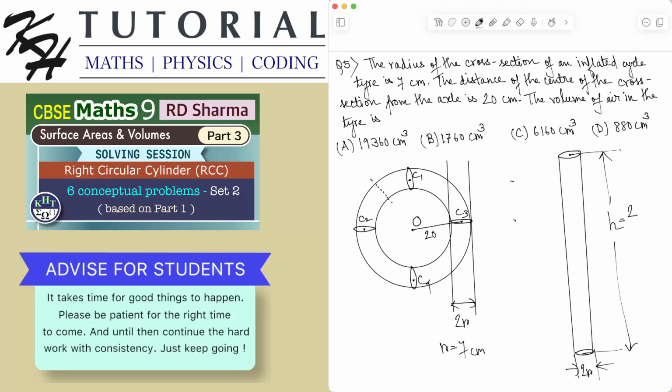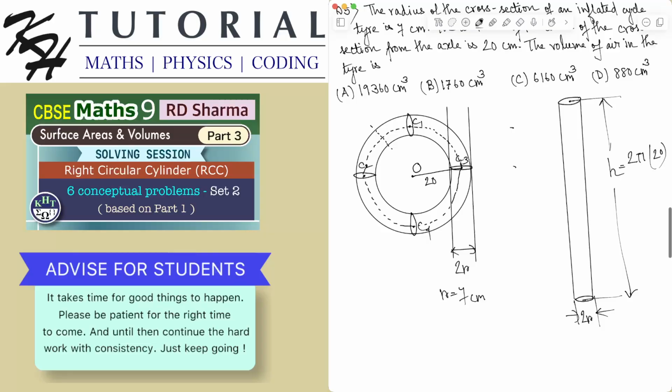The circumference of a circle of radius r is 2 pi r, and basically if you join the center of every cross section of the tire, it will be a circle obviously, and this circle will have a radius of 20 centimeter. The circumference of this dotted circle will be equal to the length or height of the RCC. So the height will be 2 pi into 20 centimeter.